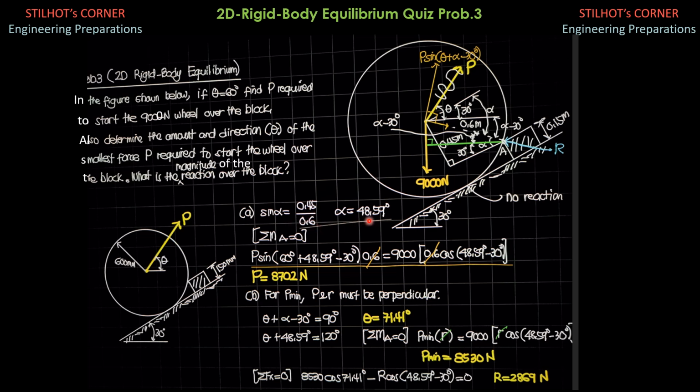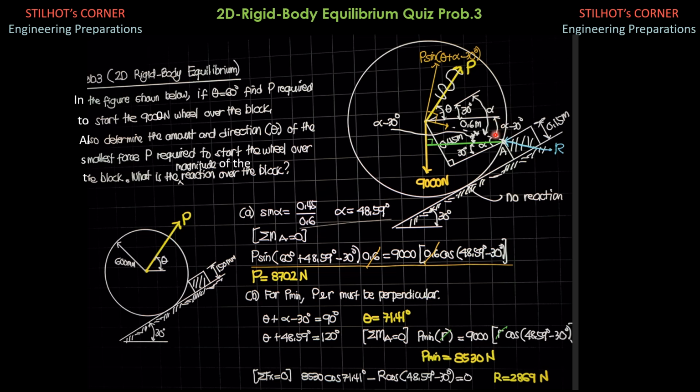So alpha is 48.59 degrees. The angle that this horizontal green line, which is the moment arm of this weight, makes is alpha minus 30 degrees, because the angle between the horizontal line and this incline is 30 degrees.